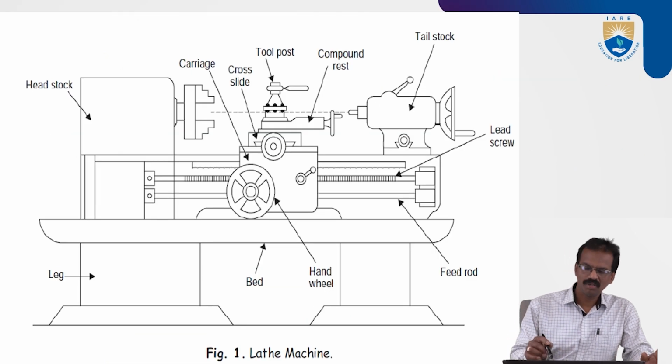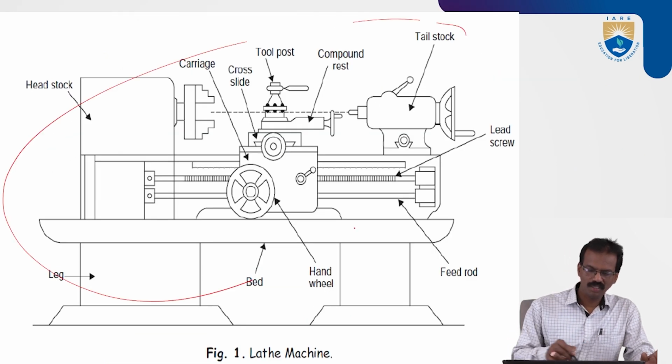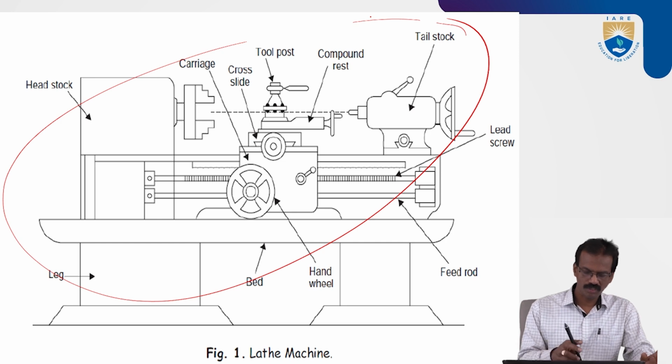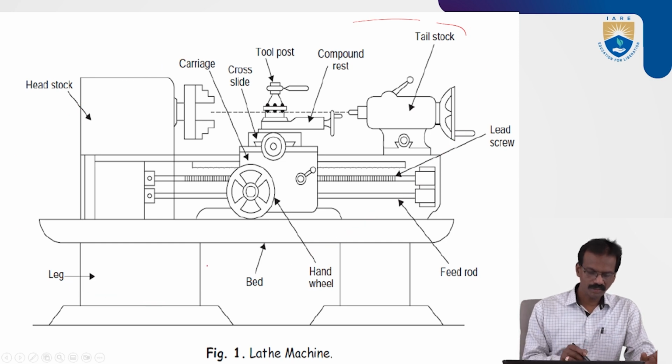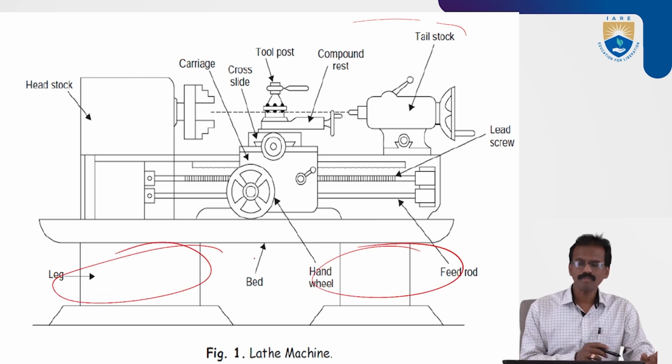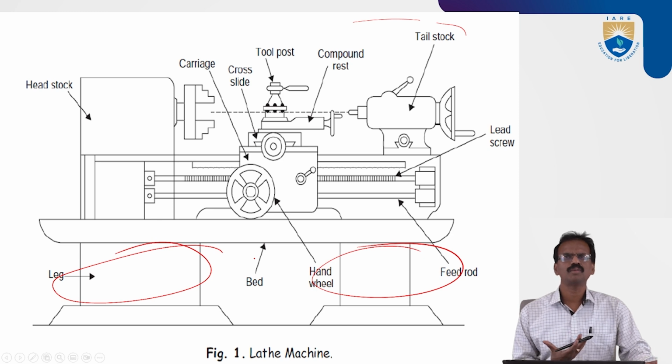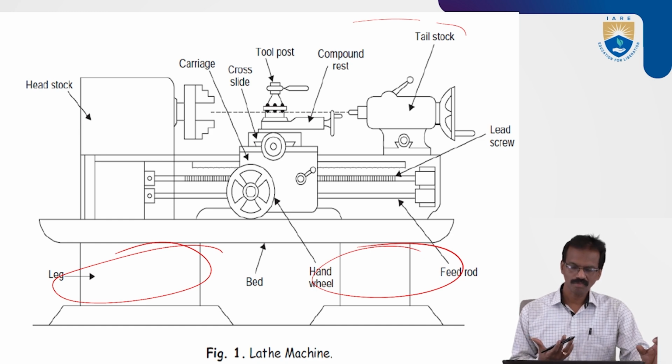This is the block diagram of the lathe machine. These are the legs, and all the parts are made up of cast iron, because cast iron is a very hard and strong material.